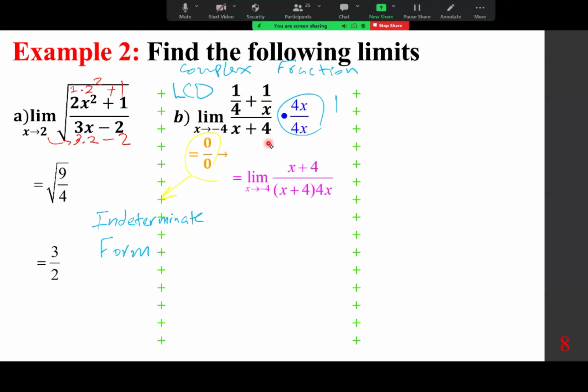But I want to make a point of when x is approaching -4, x plus 4 becomes 0. And you never want to distribute. You are hoping through the process you can get rid of x plus 4 because it is the 0 in the denominator that creates a problem. And we can do that. And now if we replace the x with -4, we get -1 over 16 as the final answer.